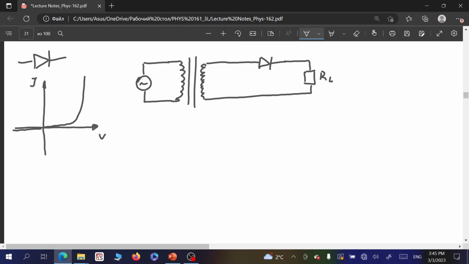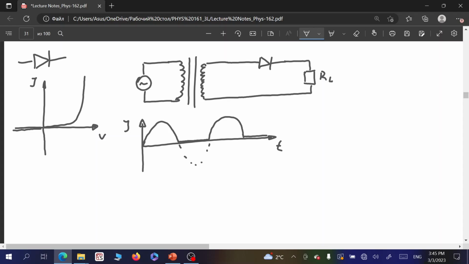So in this case, if we look at current as a function of time, it will look like this. We have half of positive period passing through the diode, half of negative period, which is supposed to be here, is just cut. It's not allowed to go through the diode. So we have another half of period and so on.